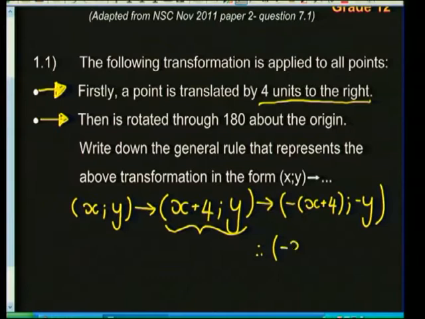I would have negative x minus 4 as the x coordinate, and negative y as the y coordinate. And that coordinate pair is describing the transformation that has occurred here, where we translated it 4 units to the right and then rotated it 180 degrees about the origin.